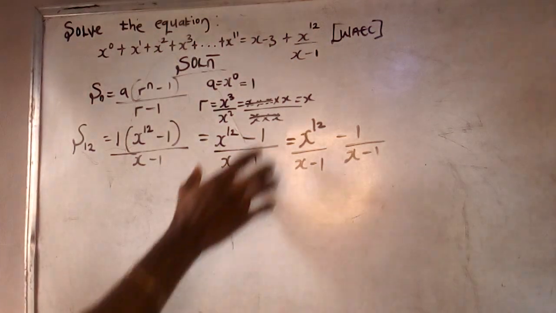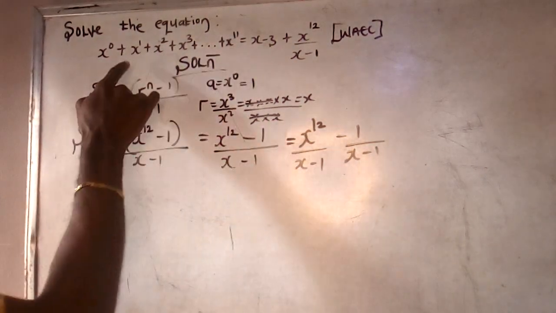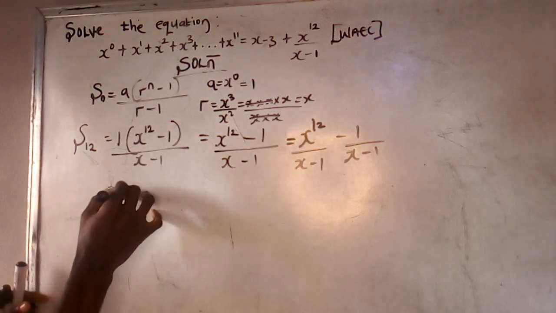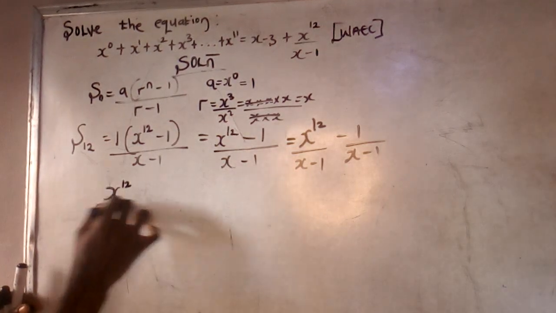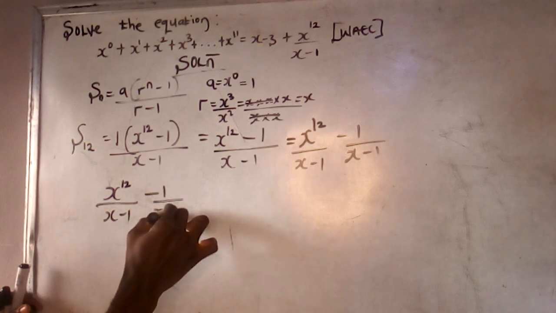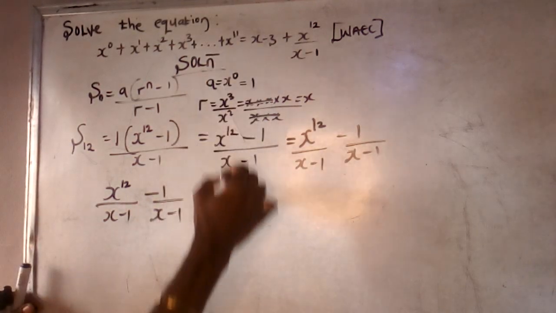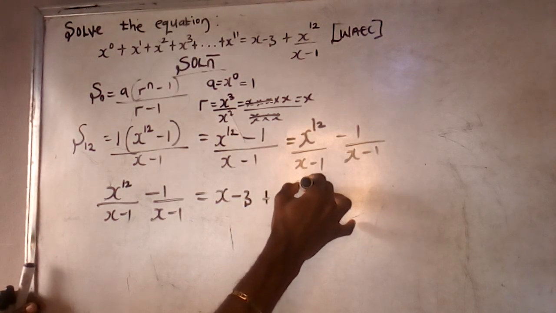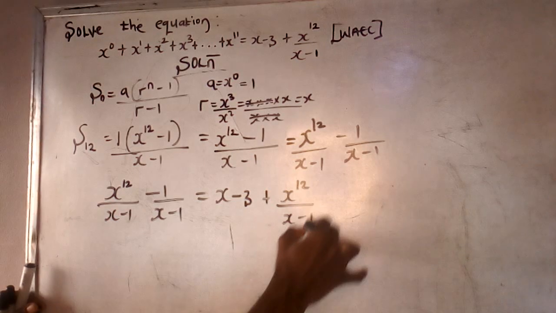So I will represent the left hand side as x raised to the power 12 divided by x minus 1 and minus 1 divided by x minus 1, which is equal to x minus 3 plus x raised to the power 12 divided by x minus 1.